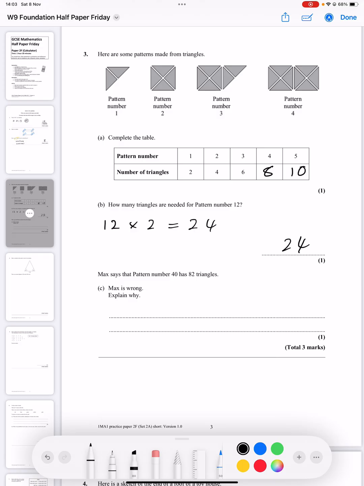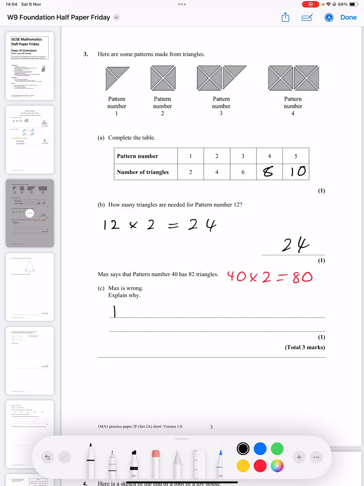Max says that pattern number 40 has 82 triangles. Max is wrong. So when it's a question that wants us to show that somebody's wrong, it's helpful to just do the question ourselves. We're going to do 40 times by 2, which gives me 80. So we can see that Max is wrong. Now we need to explain why he's wrong.